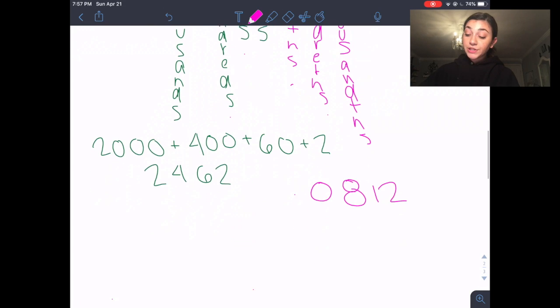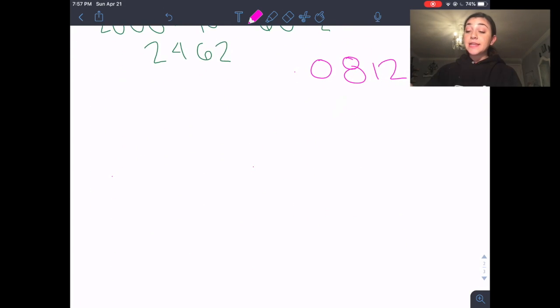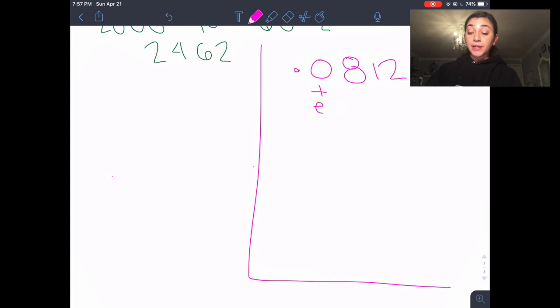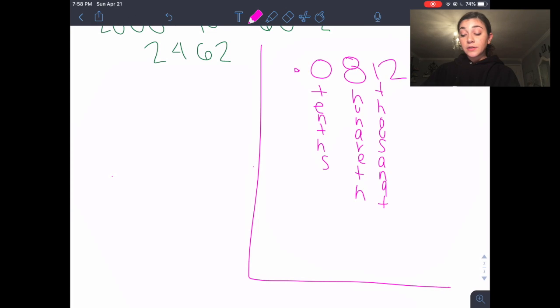So what would happen is this 0.0812 right here. Just going to box that off. This would turn into the tenths place. This would turn into the hundredths, thousandths. I don't think I spelled that right.